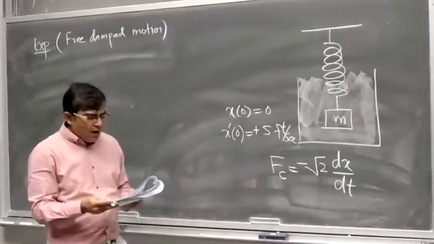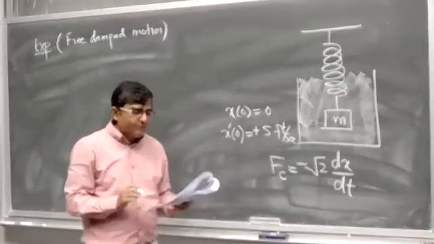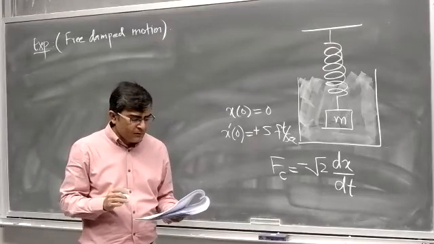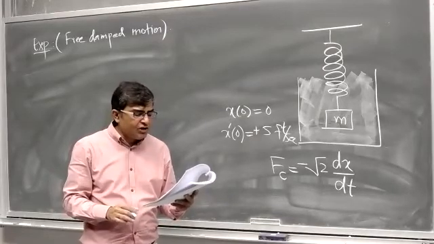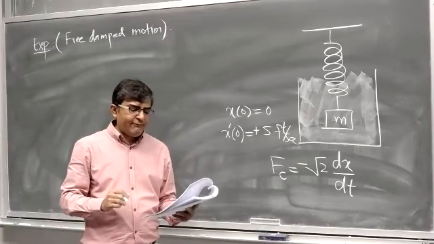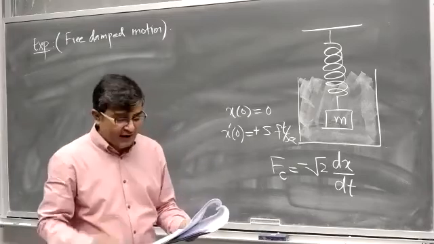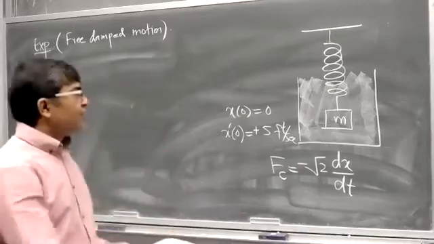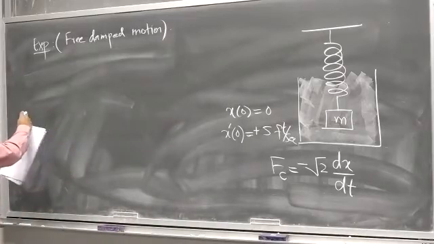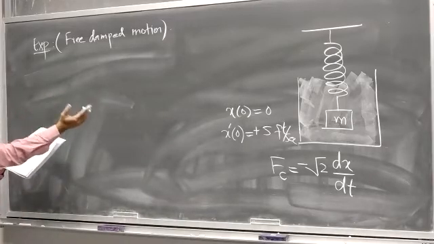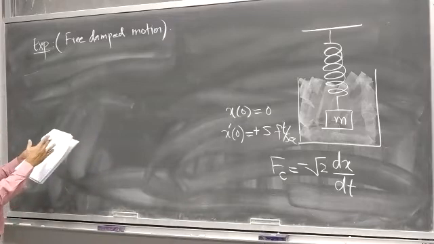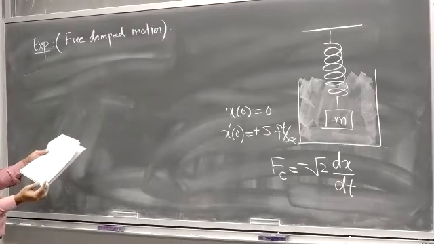Now we have to find the time at which the mass attains its extreme displacement from the equilibrium position, and furthermore, we have to find the position of the mass at this instant. So this is the data we are given. The spring length originally is 4 feet. When we attach a mass to it, its length becomes 8 feet.